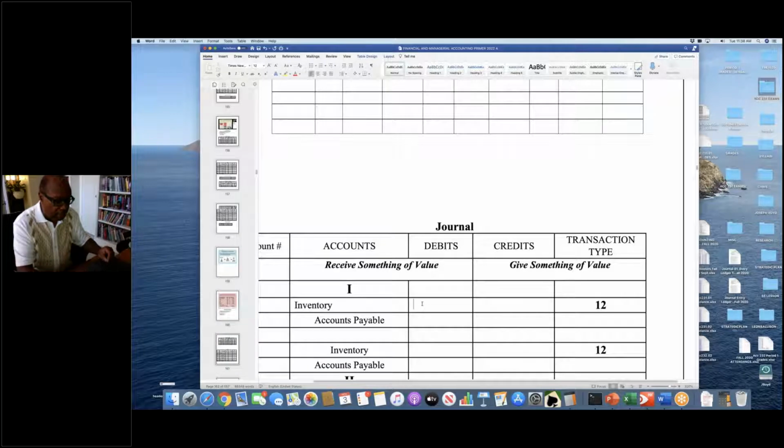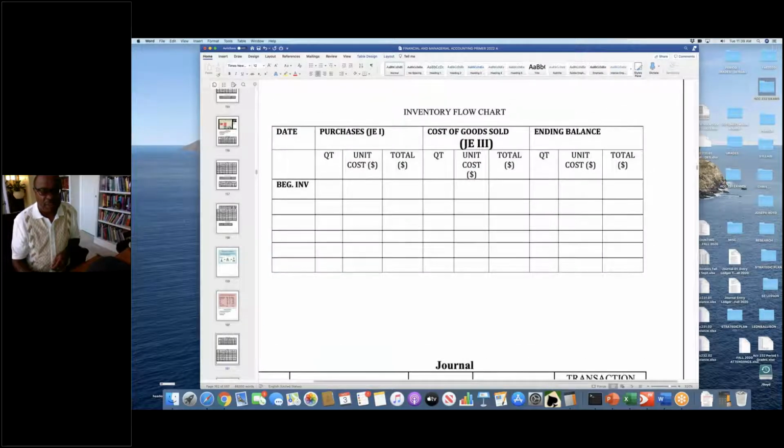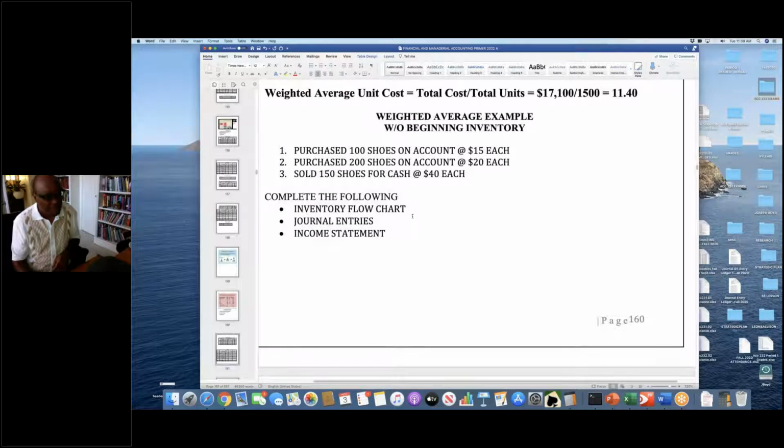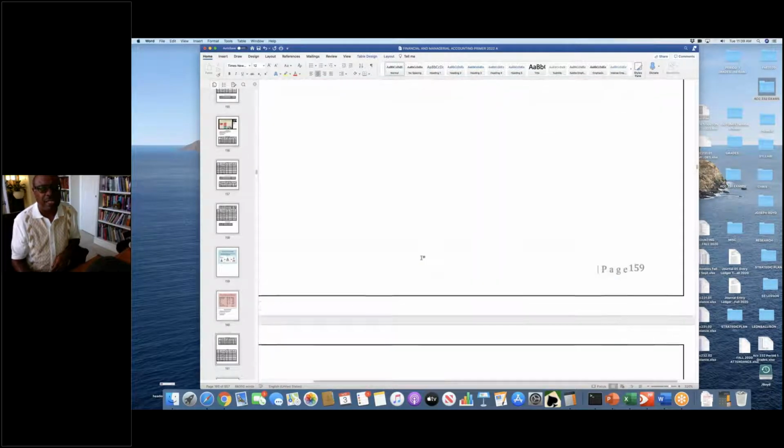I better just put these numbers here, 1,500 and 1,500. And then we're going to put that in the chart. We don't have any beginning inventory in this problem.